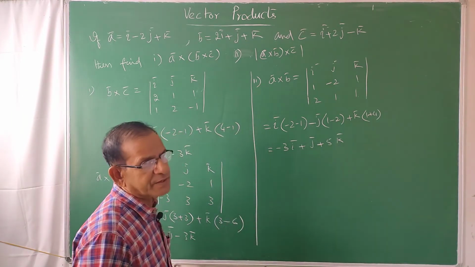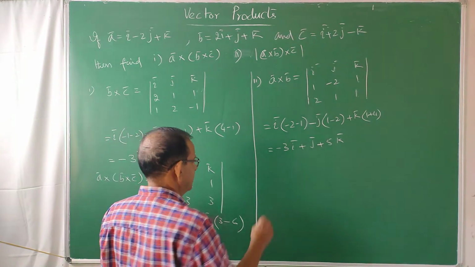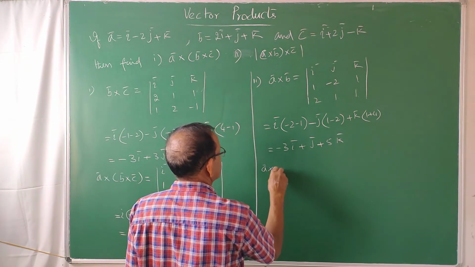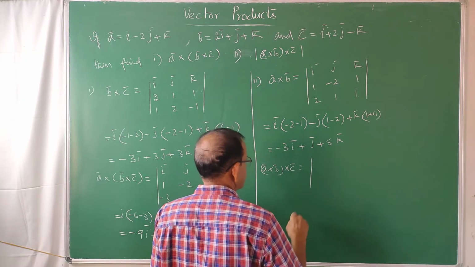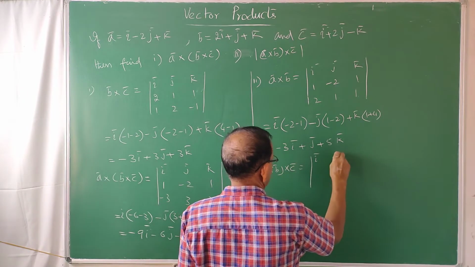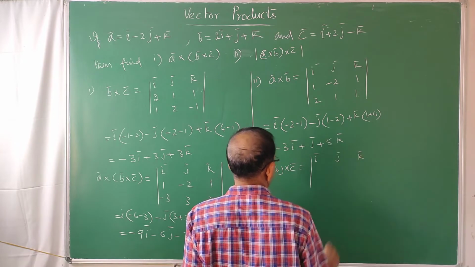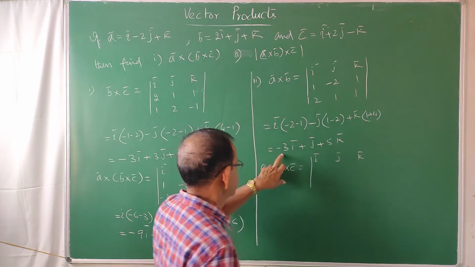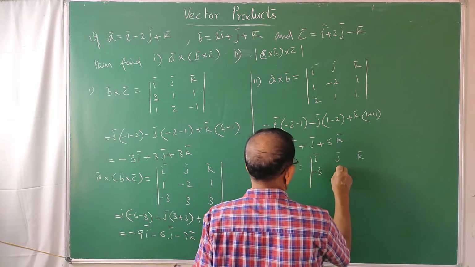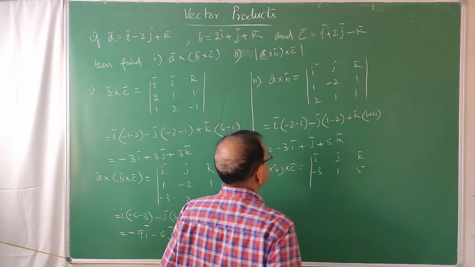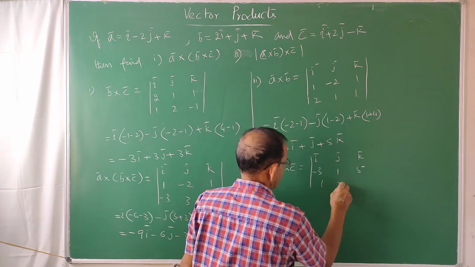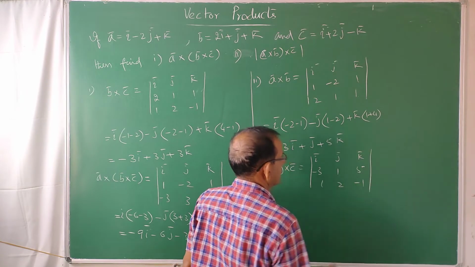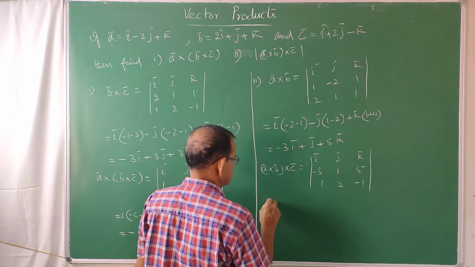Next you have to find out a cross b cross c. A bar cross b bar cross c bar. Again write the determinant of i bar, j bar, k bar. First a cross b coefficients minus 3, 1, 5. Next c bar coefficients 1, 2, minus 1. So expand this one.